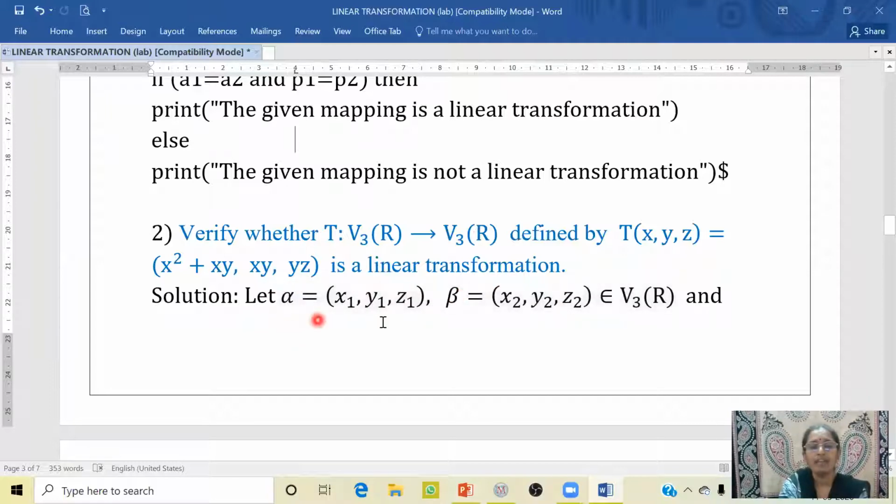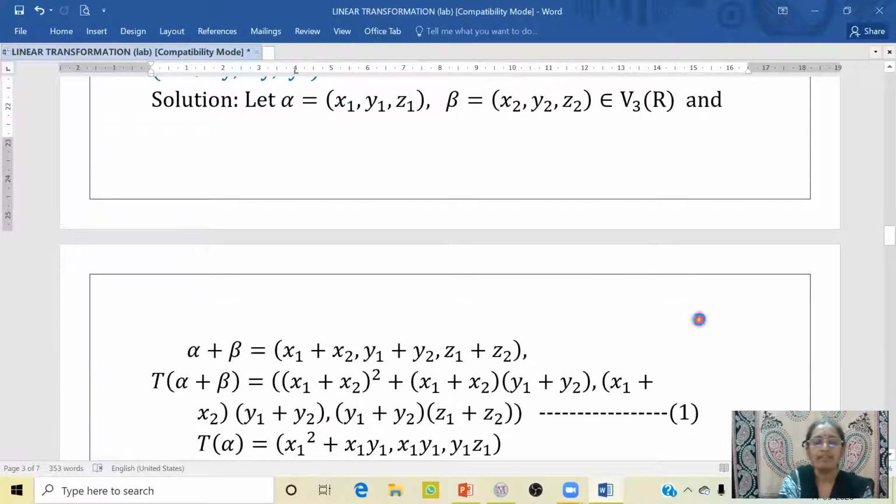For this, let us take two elements, alpha and beta, in R3, x1, y1, z1, x2, y2, z2, which belong to R3. And let us add these two. Alpha plus beta gives us x1 plus x2, comma, y1 plus y2, comma, z1 plus z2.